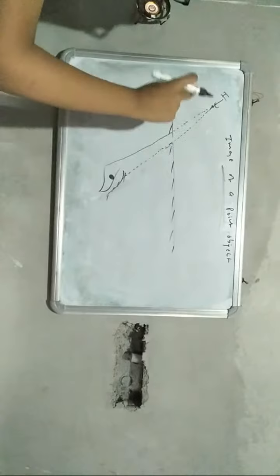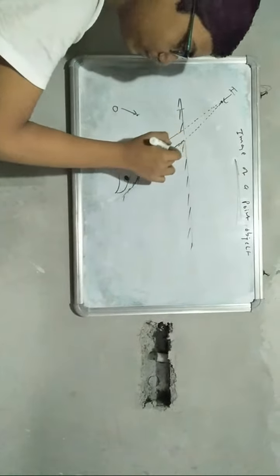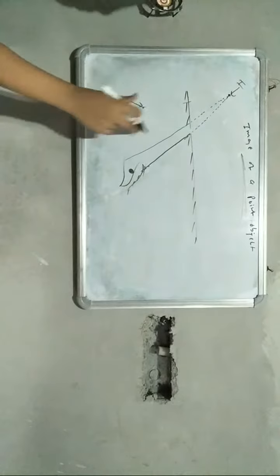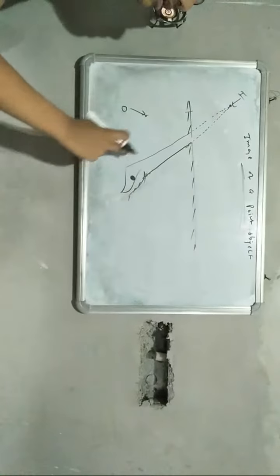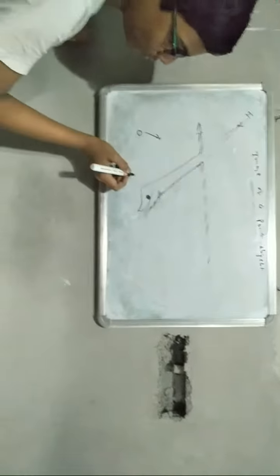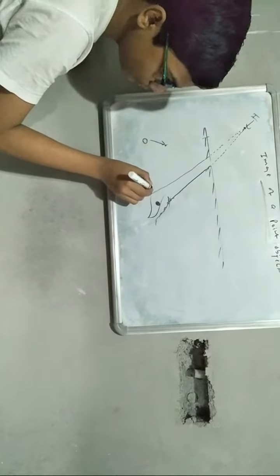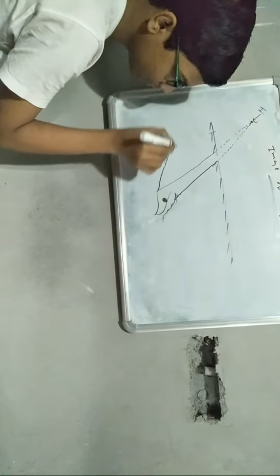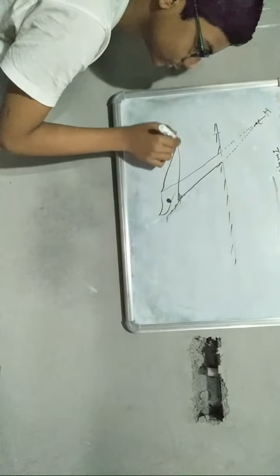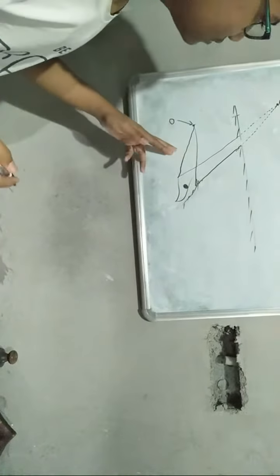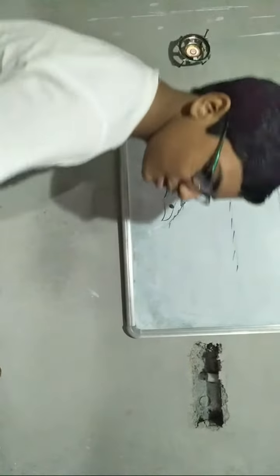Behind the mirror all the lines are imaginary, so they must be drawn as dotted lines. But on the object side, in front of the mirror, you have to draw bold lines. Now simply meet it with the object. So this is the formation of the image of a point object, to be drawn with a scale.